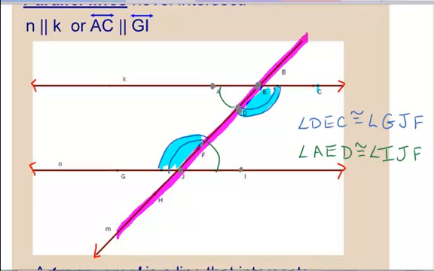They're in between the two parallel lines, interior, and they're alternating on opposite sides of your transversal.